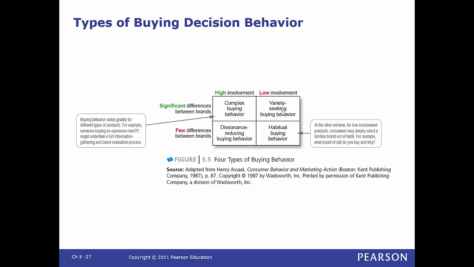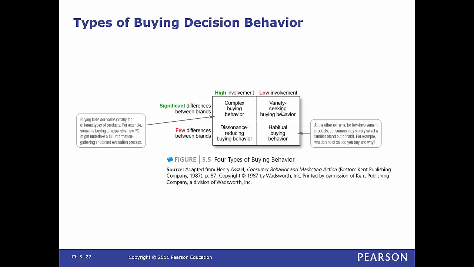The consumer will try a brand now, and then in the second purchase he will try another brand. That's not because he is not satisfied with the previous brand, rather he or she is only seeking variety.